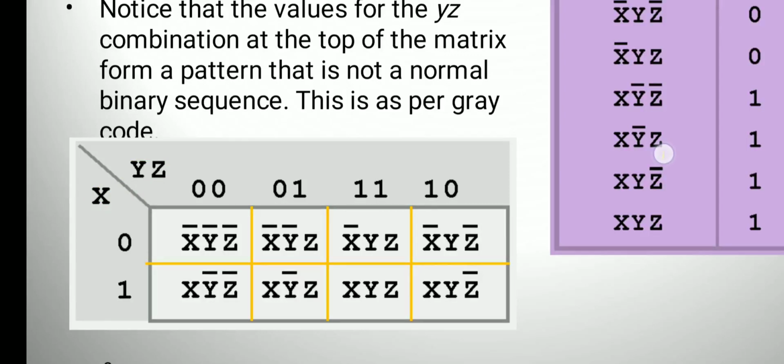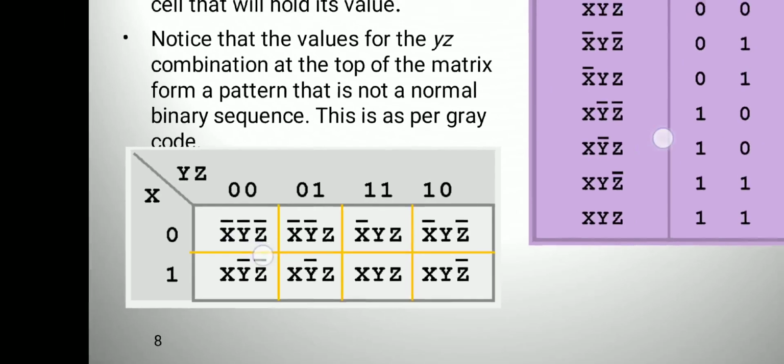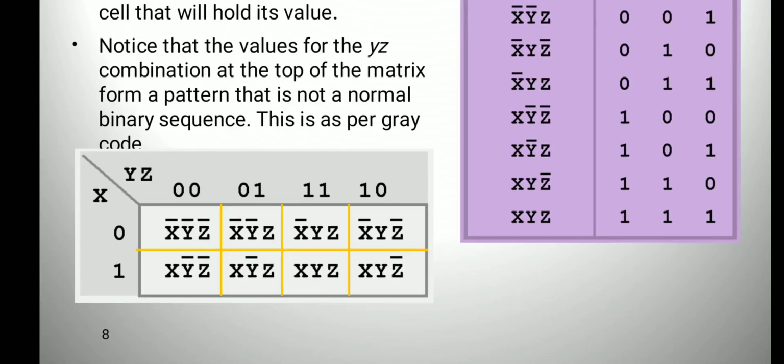As there are three variables, there are 8 cells, with x and yz as the input variables. X contains 0 and 1, yz contains 0, 0 to 1, 1. Therefore, for the first row, x is equal to 0.